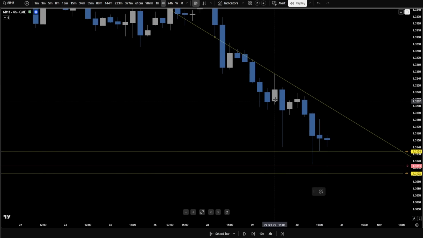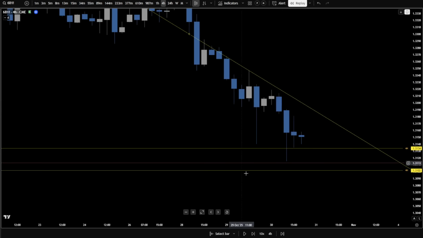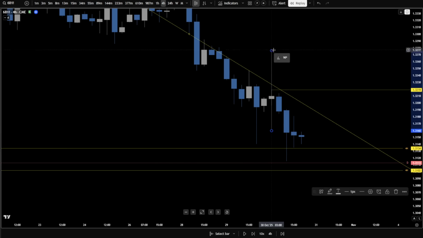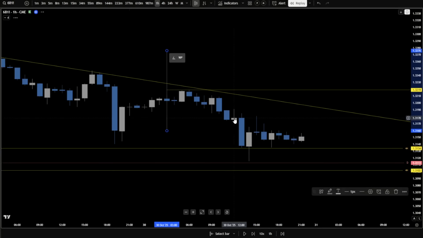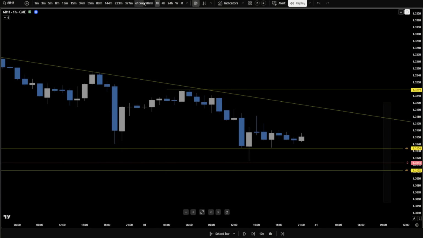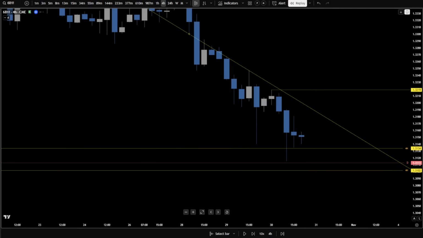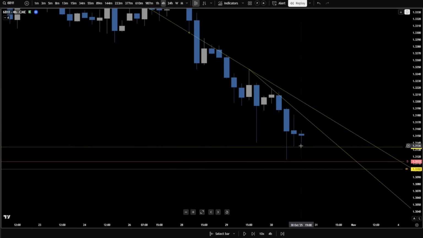So the 4 hour was developed, activated right here, and if this 4 hour is separated by an hourly fractal, meaning if this is a blue candle on 1 hour, it is, we can create another 4 hour trend. So from here to here we have a trend, and now we're here.